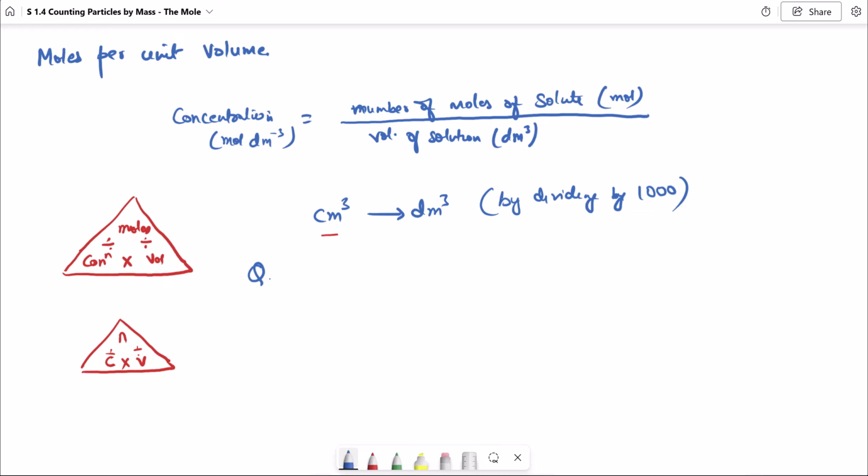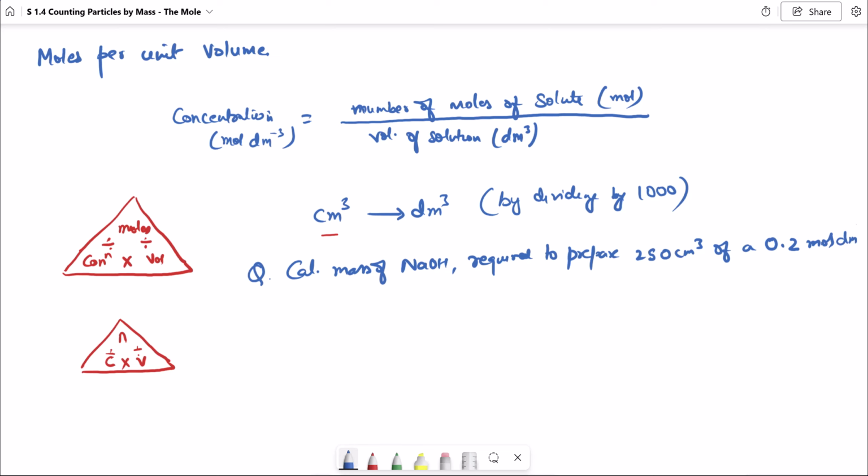Let's calculate one. So the question is: calculate the mass of NaOH required to prepare, let's say, 250 centimeter cube of a 0.2 mole per dm cube solution. How to do?